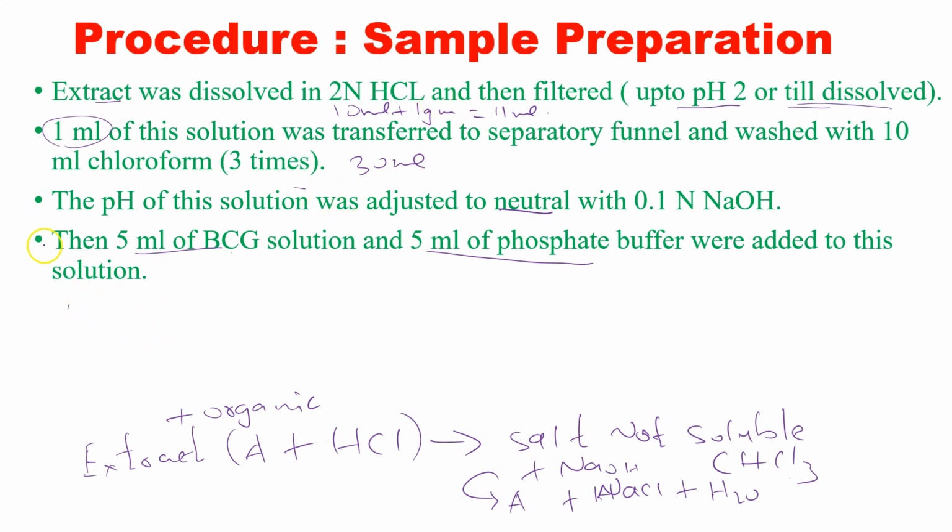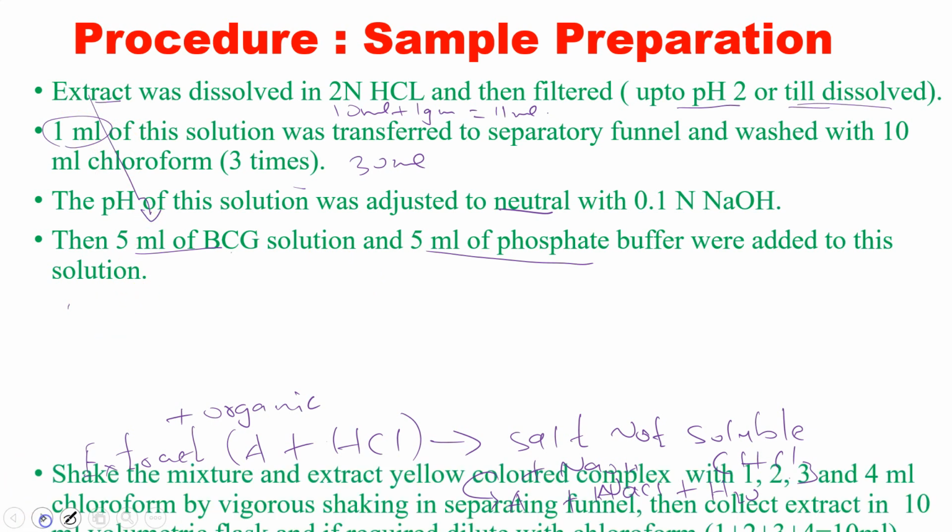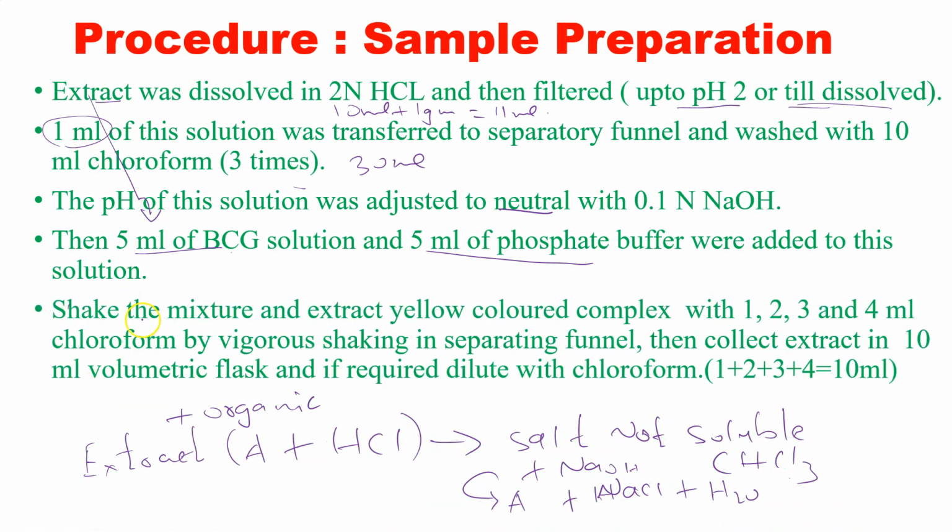So just take 1 ml, and after that add 5 ml of BCG and 5 ml of phosphate buffer. Now it will form a complex, that extract will form a complex with the BCG. Then shake the mixture and extract the yellow color complex. Again the yellow color complex will be formed, and again repeat the same procedure, 1 plus 2 plus 3 plus 4, so it becomes 10 ml.